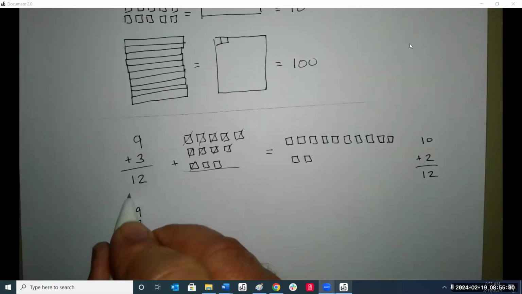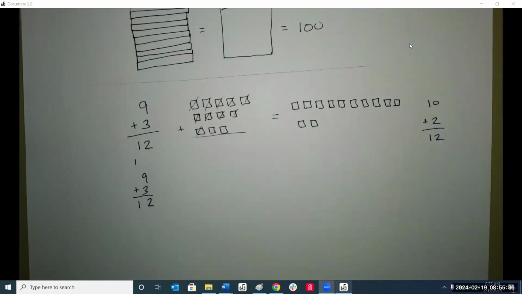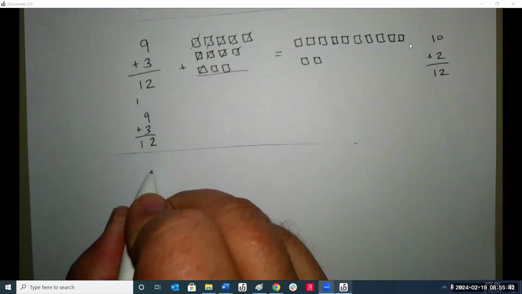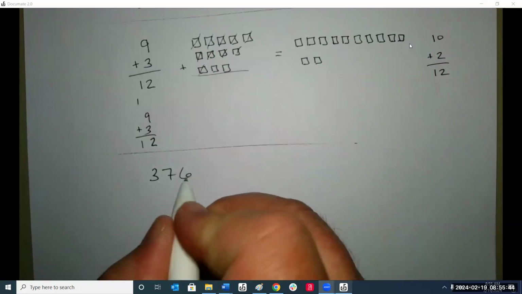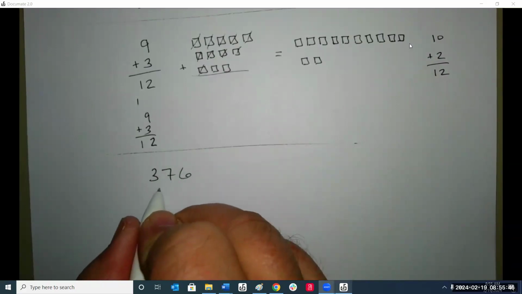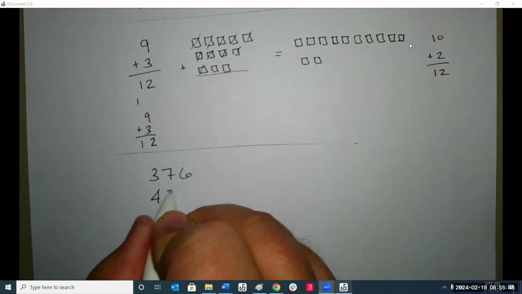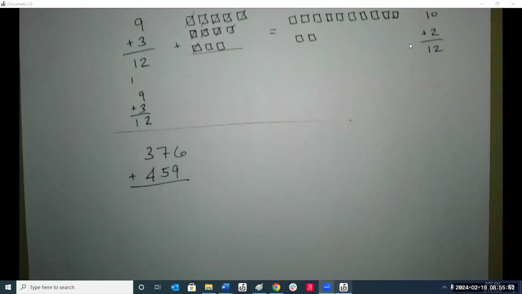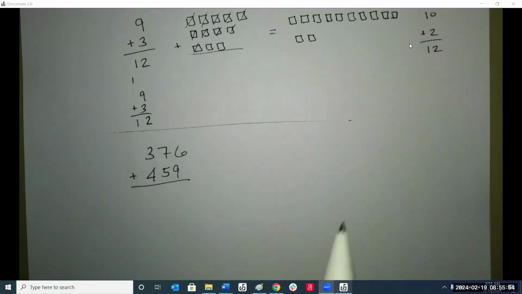Put the 2 down, put the 1 up here, and then carry it down. I'm not going to say it's easy, but it'll take time and they'll see what's going on there. So if we had 376, 459, eventually they can get away, hopefully, from those.